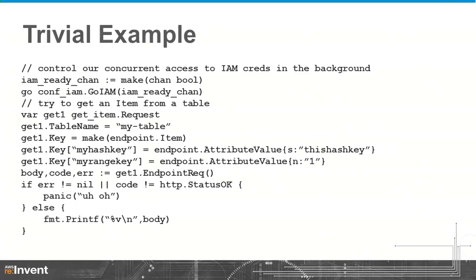And when that happens, it's going to introduce them into the code base in a thread-safe manner. So all of my little Go routines, which is Go parlance for threads, that are off running will always have proper credentials, even if the program is running for weeks at a time. The rest of it is just instantiating my get item type, populating a few variables, and dispatching it. This is the full program.